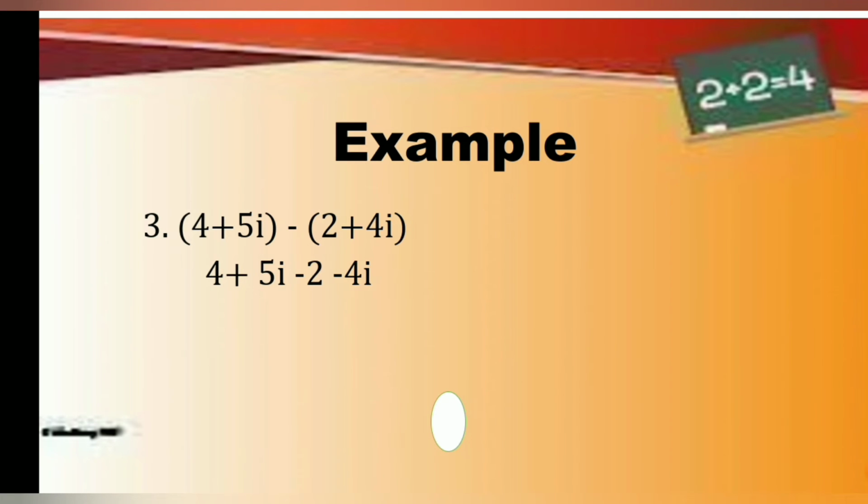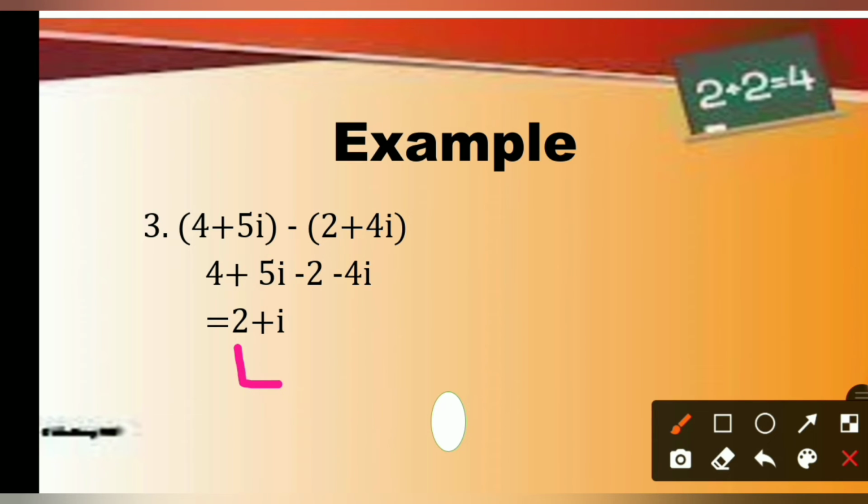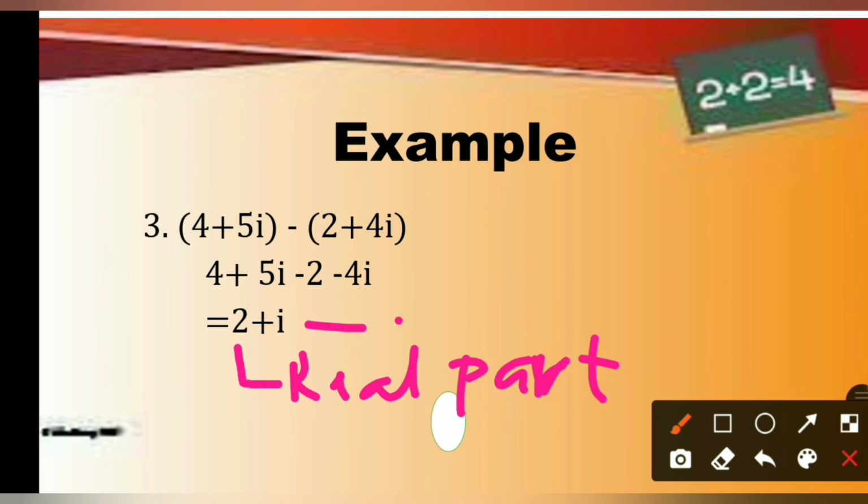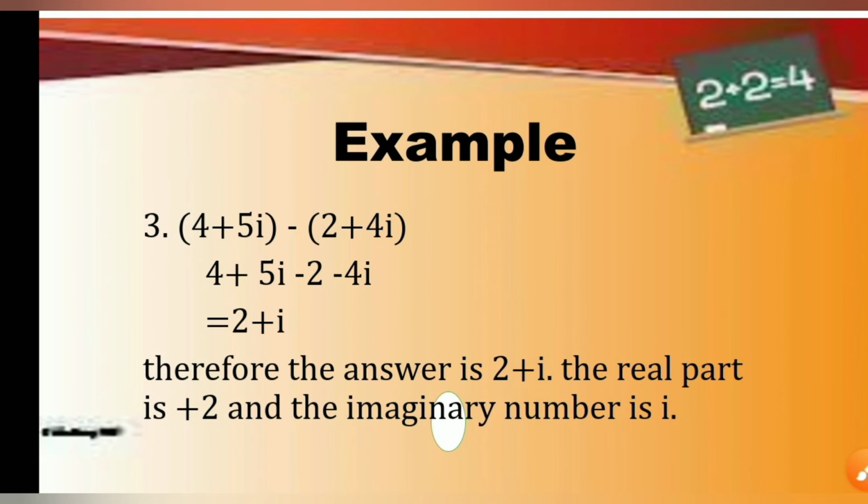Then just combine like terms. 4 minus 2 gives us 2, and 5i minus 4i gives us i. So this is our answer. The real part is positive 2 and the imaginary part is i.